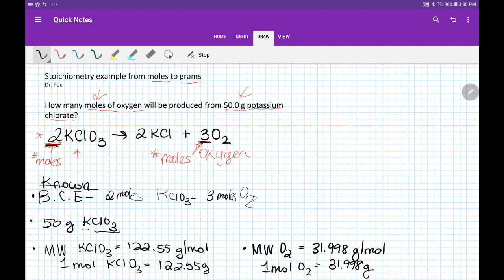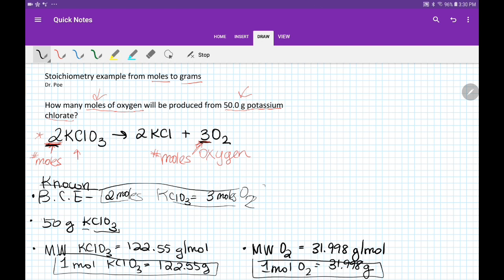If we had 1 mole, it'd weigh about 32 grams. If we had half a mole, it'd be about 16 grams, and so on. It's really a ratio. So these are some potential conversion factors. Anytime you have conversion factors, maybe you should write a little box around them.